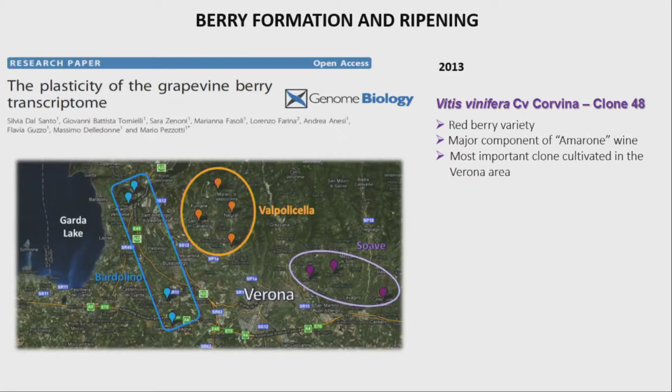Another important work that we performed in our lab concerns the next question. We now know the genes that are expressed during ripening, but how could the expression of these genes be affected by the growing condition? So we analyzed a single clone of Corvina, a variety typical of Verona province. This clone of Corvina was grown in 3 different zones of Verona province during 3 vintages.